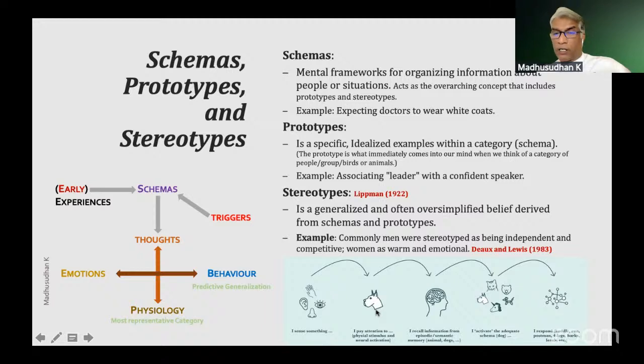It recalls the information from the schema or episode. It says it is an animal. Immediately it's a dog. Animal, and it's a dog. And I activate an adequate schema. This is a dog. Respond: cuddle, run. So four-legged one, bark. Does it have a leash? Is it tied? Everything is recollected; the brain immediately releases all that information. Based on that, you act. Clear?